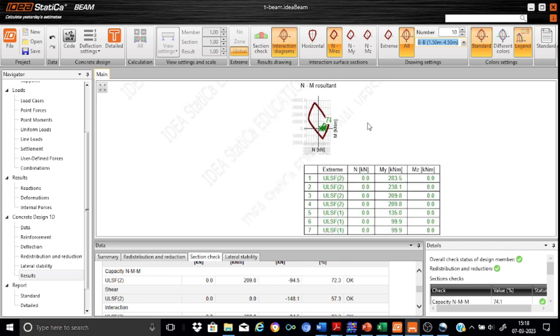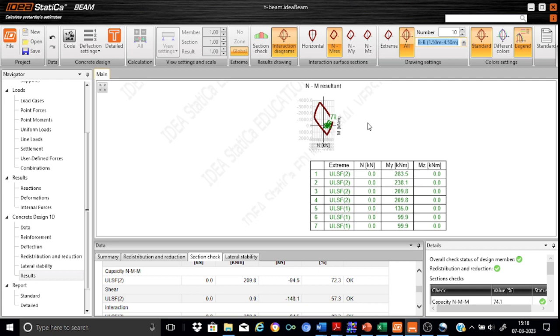Here, the IDEA StatiCa Beam module also provides a facility to import this reinforcement zone into the other module of IDEA StatiCa known as RCS, the reinforcement calculation module.